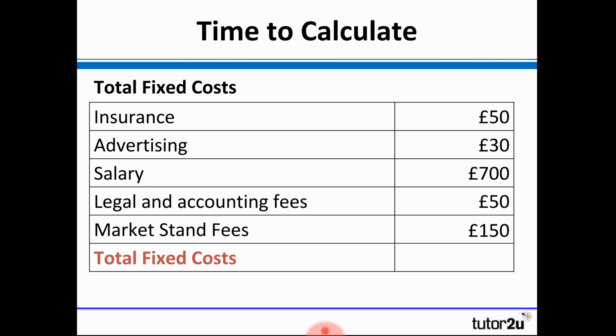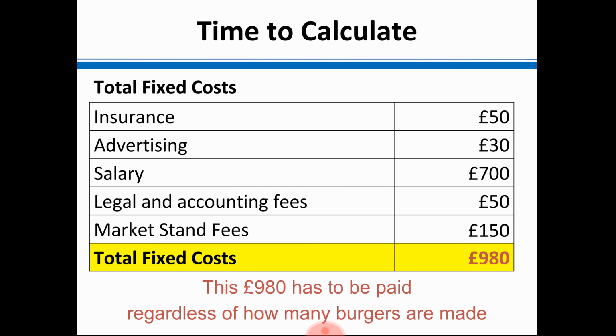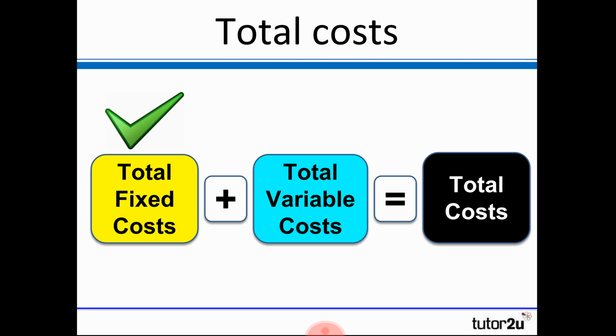And now the grand reveal: the total of fixed costs is £980. This means that £980 has to be paid regardless of how many burgers are made. So whether they make one burger or 1,000 burgers, they still have to pay £980. So that's the total fixed costs calculated.